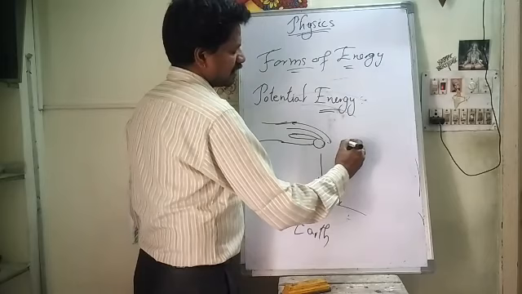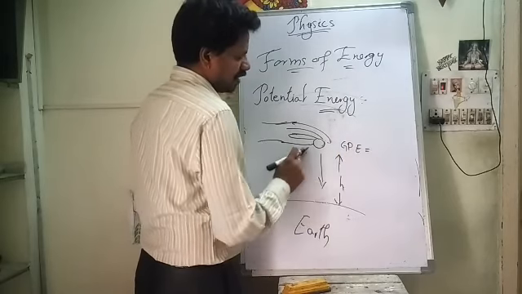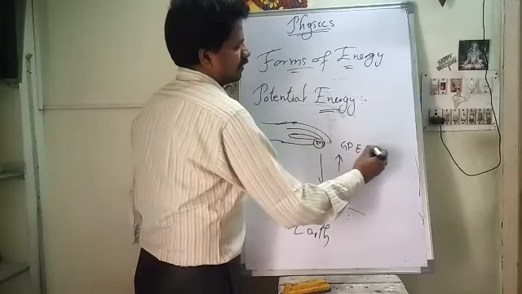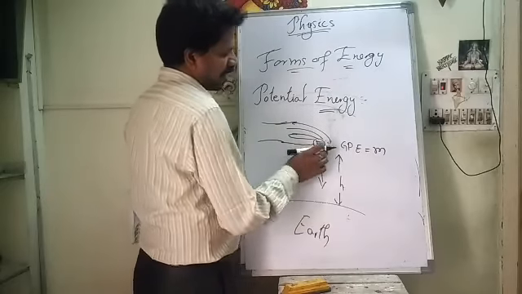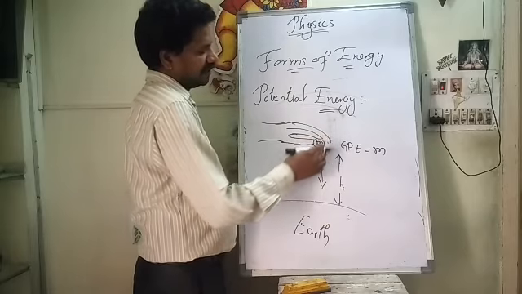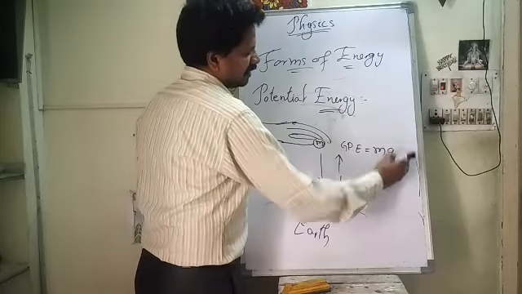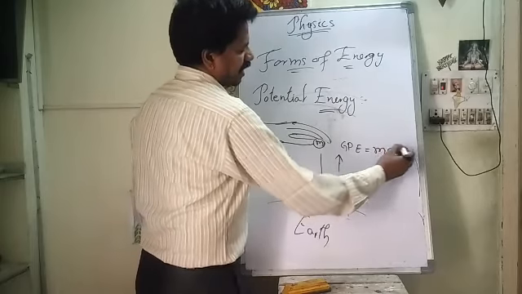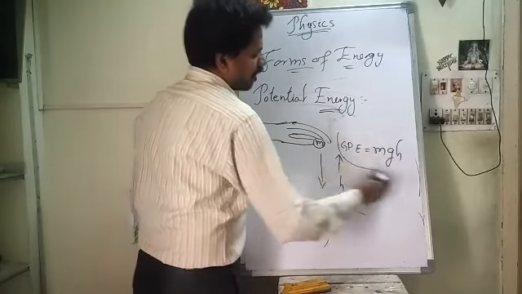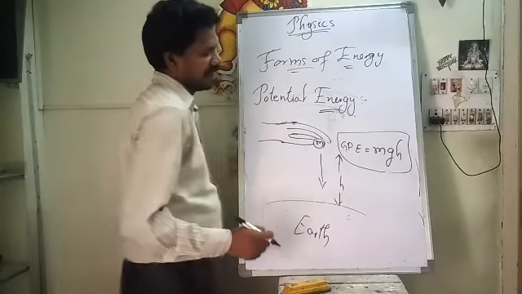That gravitational potential energy equals the mass of the object, the acceleration due to gravity g, and the height h. You can get the formula for gravitational potential energy: this is mgh.